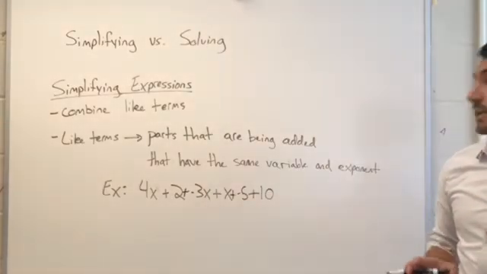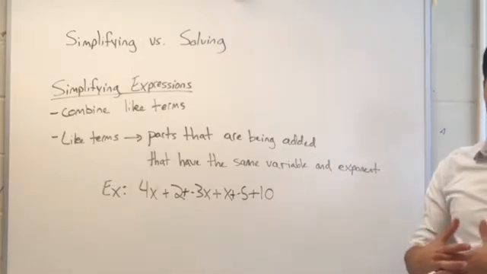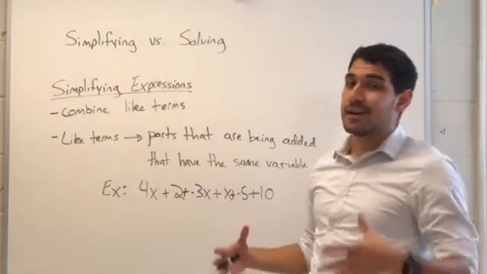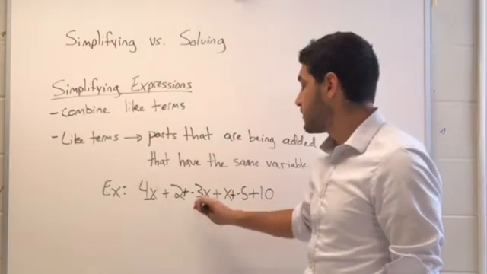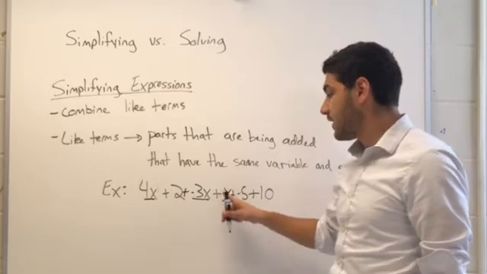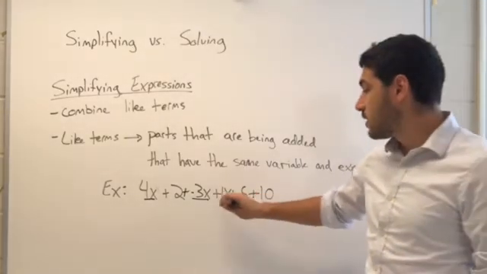So when we combine like terms here, we want to take all of our terms with an x and combine them together. Take all of our terms without an x, which are called the constants, and we want to combine them. So we have a 4x, we have a negative 3x, and we have a positive x. There's no coefficient written there, so we can think of that as 1x.